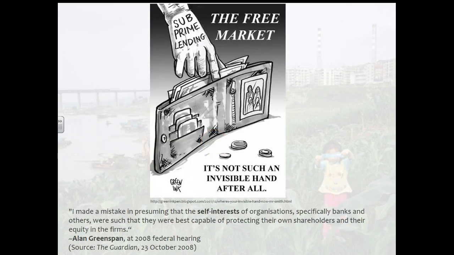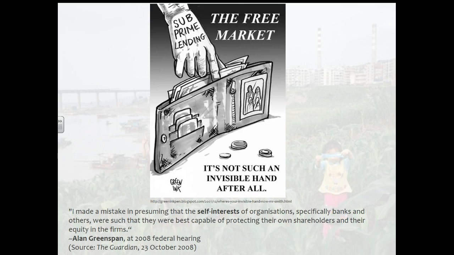I just want to throw out one last thing. This is just an FYI; you don't really need to know this. If you remember the financial collapse in 2008, Alan Greenspan, who was a very strong advocate of free markets and was the chairman of the Fed at the time, admitted, in a direct quote: "I made a mistake in presuming that self-interests of organizations, specifically banks and others, were such that they were best capable of protecting their own shareholders and their equity in firms."